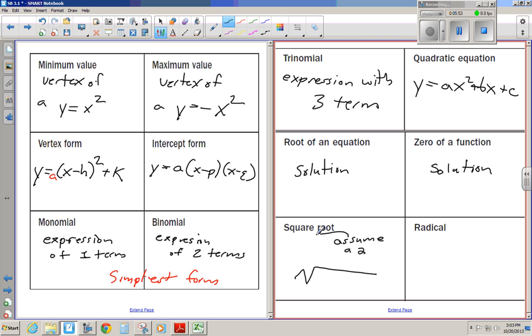You assume that there's a 2 here. Because this bar thing that looks like long division is a radical. And you can have a lot of different types of radicals. You could have a square root, or a cube root, or a fourth root, or a fifth root. But the radical is right there.